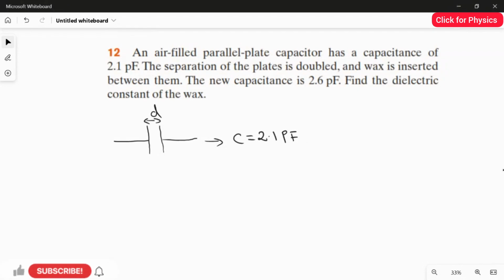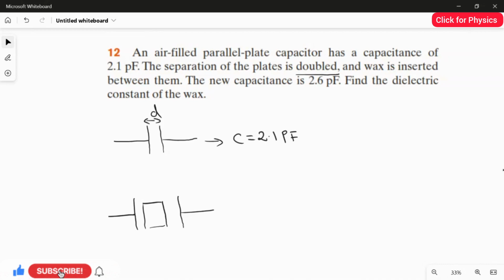But in the second part, you increase the distance between the two plates. So your diagram will look like this. You increase the distance between the two plates, but you are also going to insert the wax. So when you insert the wax here, what will happen? It will increase the charge which will be stored. You can see the value.